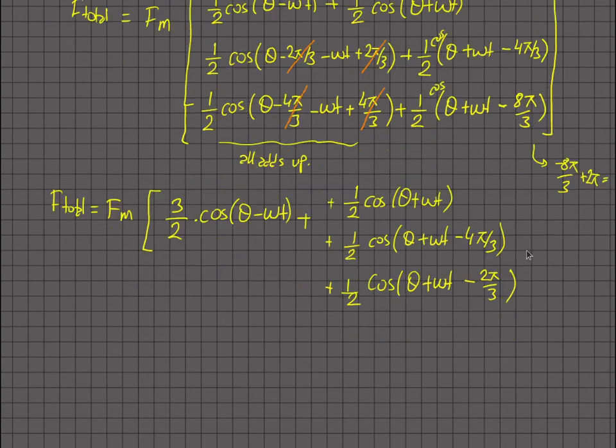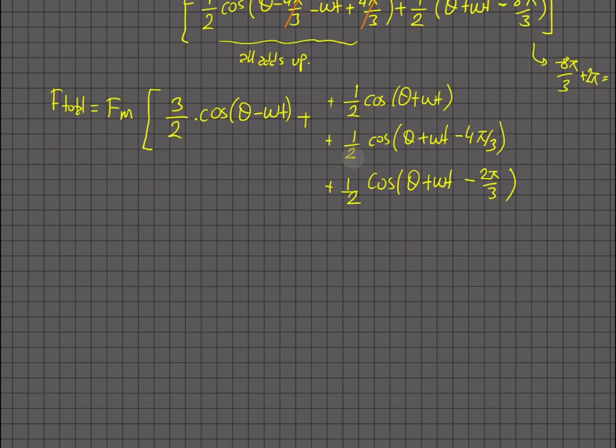So what is the addition of all those three terms? The first one is 0, the second is minus 2 pi over 3, and the third can be minus 4 pi over 3.